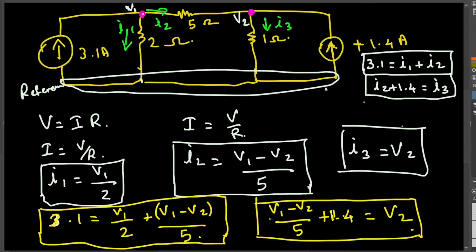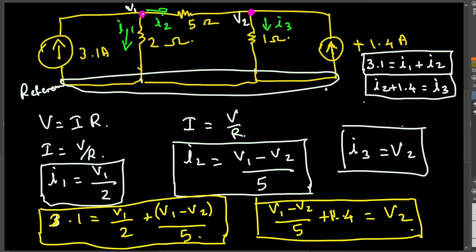If we multiply this by 5, we can get rid of the 5 in the denominator and make it simpler. Or 10 is better, because this one becomes 31. Okay, let's do it by 10.